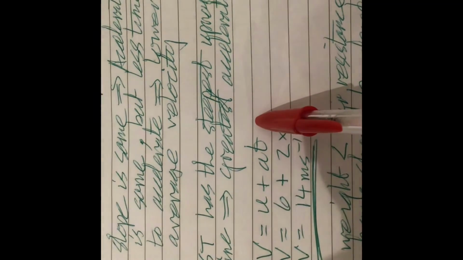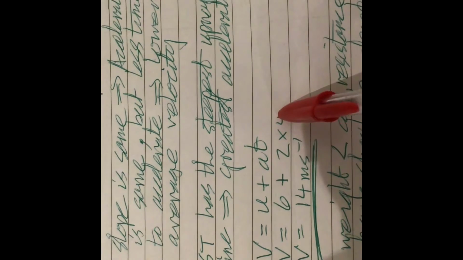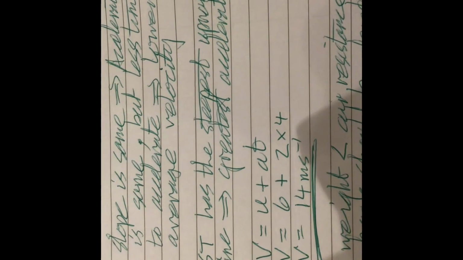So ST, because it's the steepest upward line: steepest gives us the greatest acceleration, and upwards confirms that it is an acceleration and not a deceleration. Number 5 is a nice neat calculation, and the answer is B, because when we use our correct formula, v equals u plus at, the initial velocity of 6 plus the acceleration of 2 for a period of 4 seconds, 2 times 4 is 8, plus 6 is 14 meters per second.